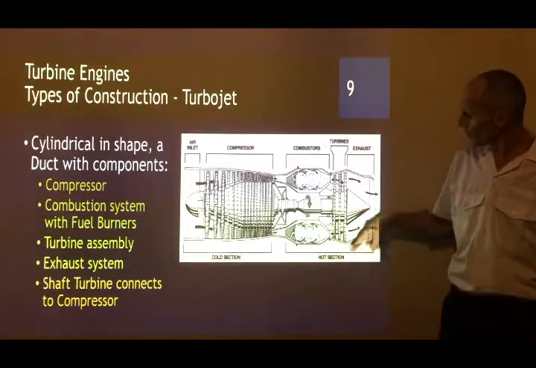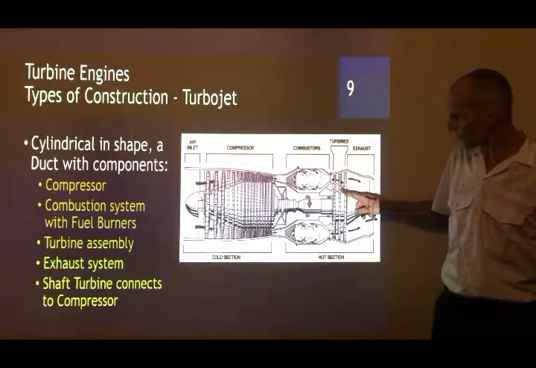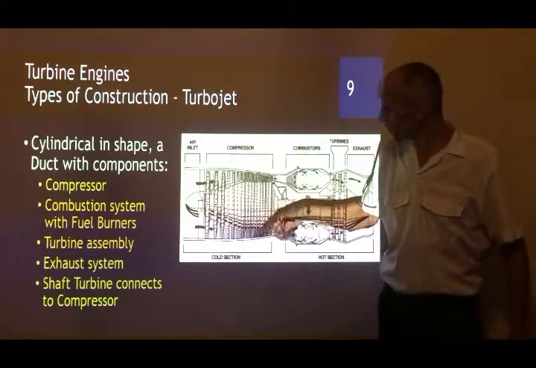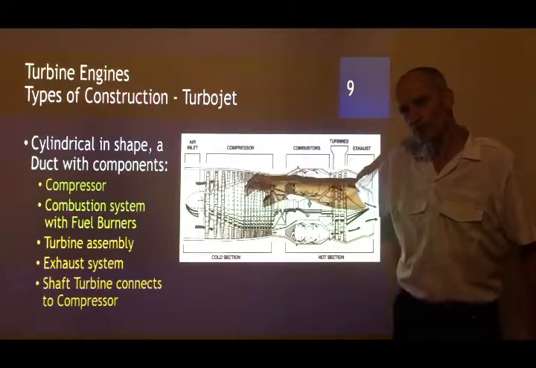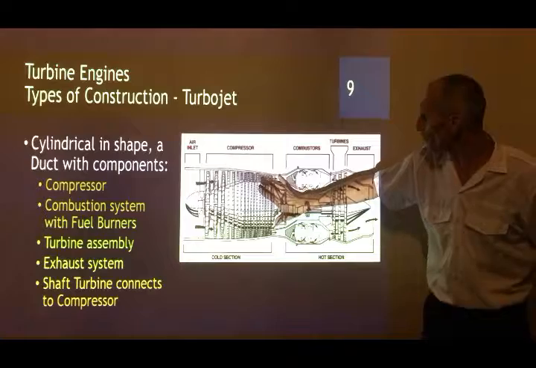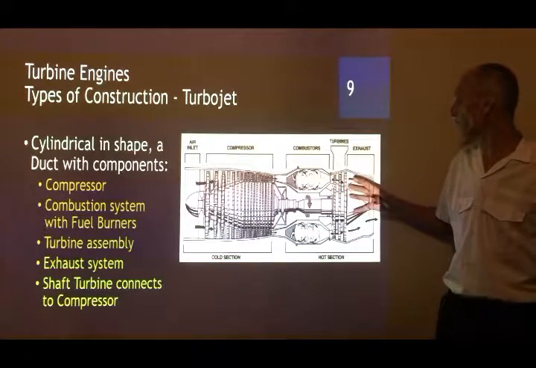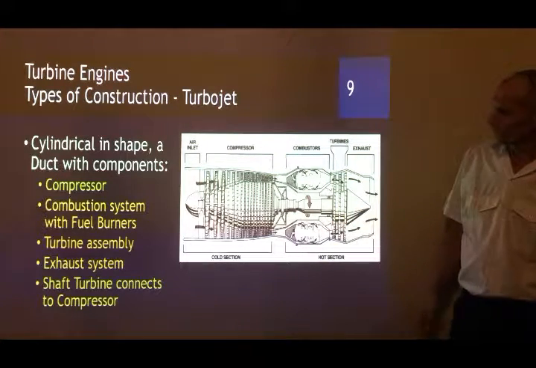So as the gases force this turbine to spin, it forces the compressor to spin, drawing in and compressing more air. That is how the high compression and high thrust get produced out of these engines.